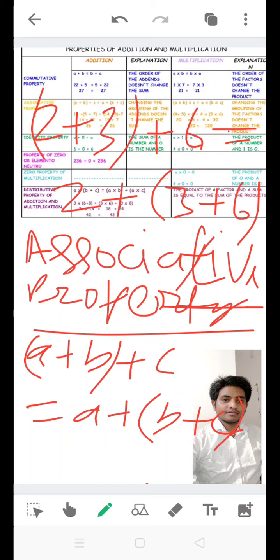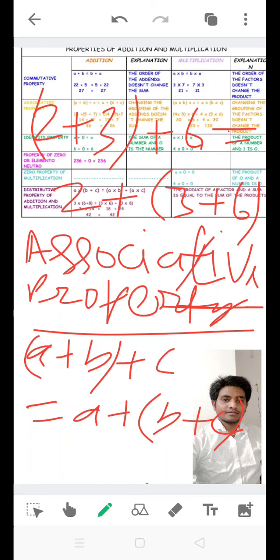First, I discussed the closure property. In the closure property, we take any two whole numbers, then the sum is also a whole number, belonging to the whole numbers. The second one is the commutative property: a plus b equals b plus a, when we only interchange the positions. In the third property, the associative property, we have three numbers: (2 plus 3) plus 6 equals 2 plus (3 plus 6).